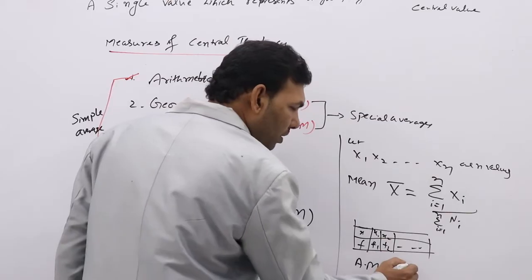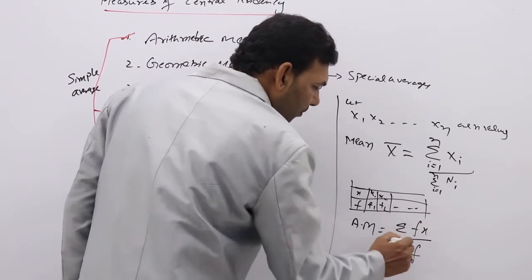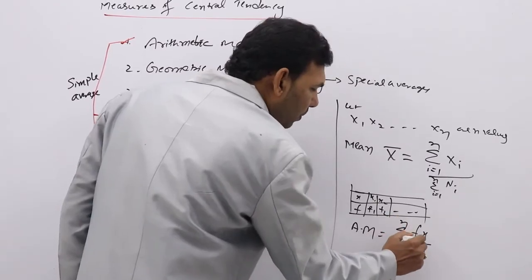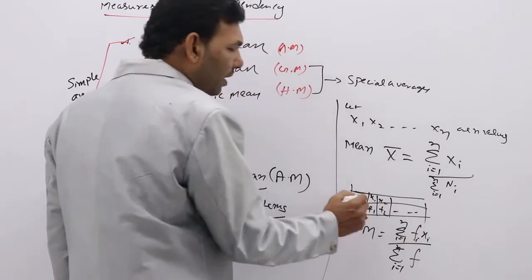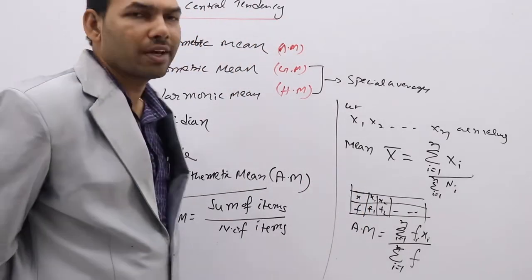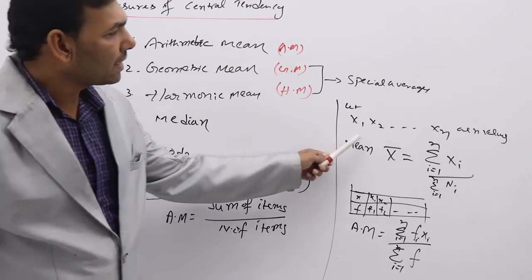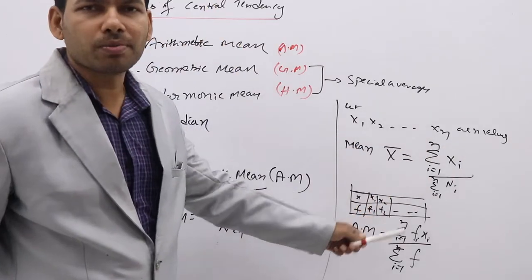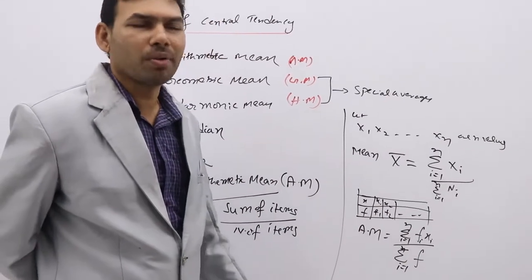Arithmetic mean equals sigma fx by sigma f, that is sigma i equals 1 to n fi xi over sigma fi. When data is in this x and f form, we use this formula.